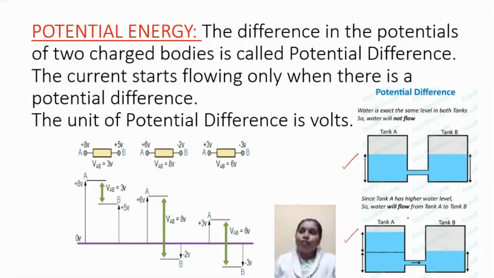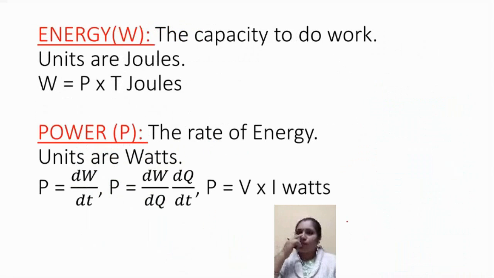If we want water to flow from one tank to another, the level of water in one tank should be greater than in the other, so that the pressure on tank A makes the water flow to tank B.